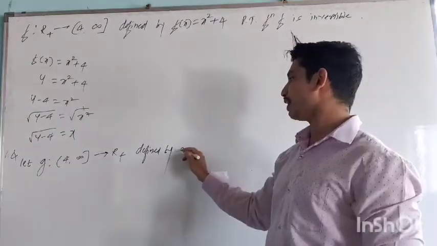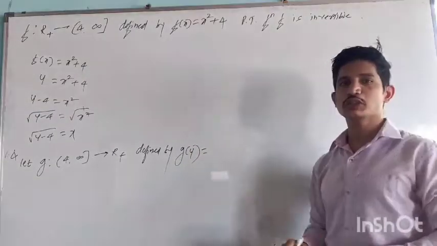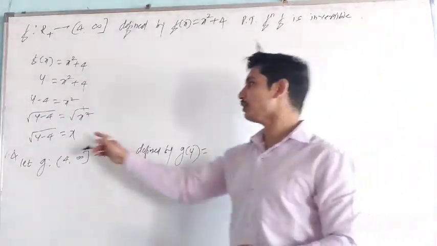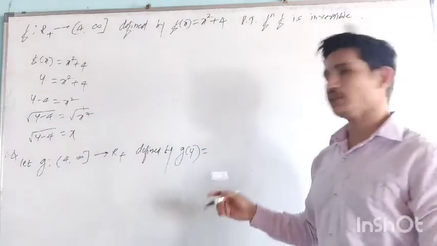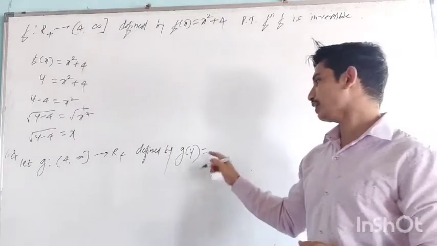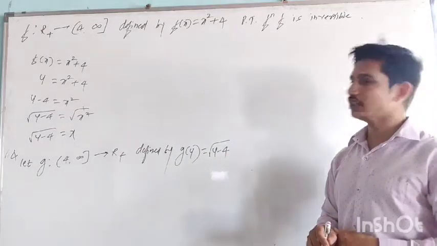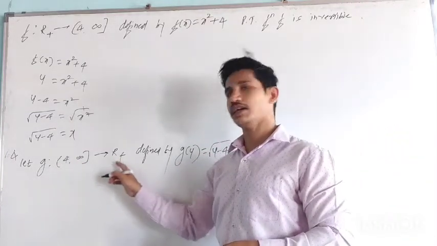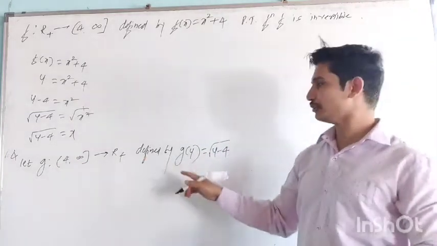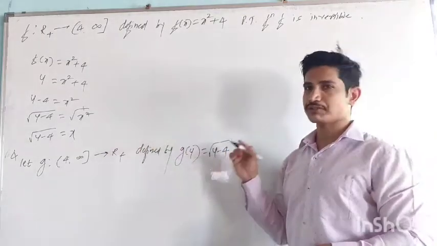So g of y is equal to the value of x we got here: root of y minus 4. Whatever value of x we get, write it as g of y. So the function g from [4, infinity) to R plus is defined by g of y is equal to root of y minus 4.